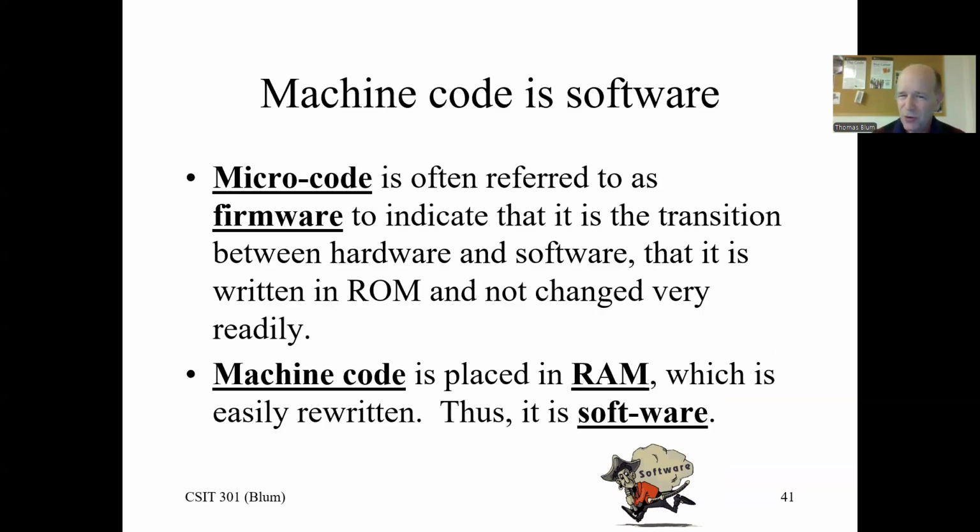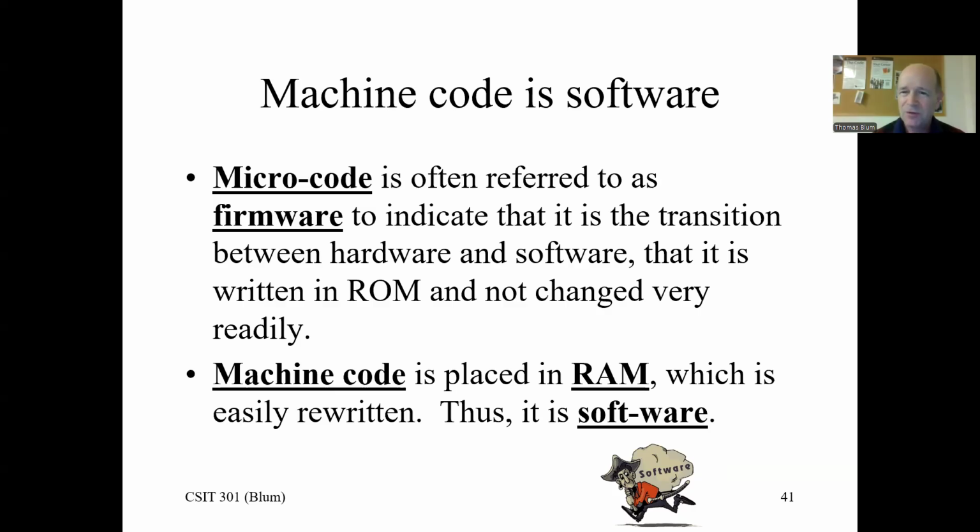The microcode was the firmware, burned into the ROM. It's read only, or you're going to change it not very often. Whereas the software you want to be able to change easily, so that was in memory, which is RAM, which makes it easy to write.